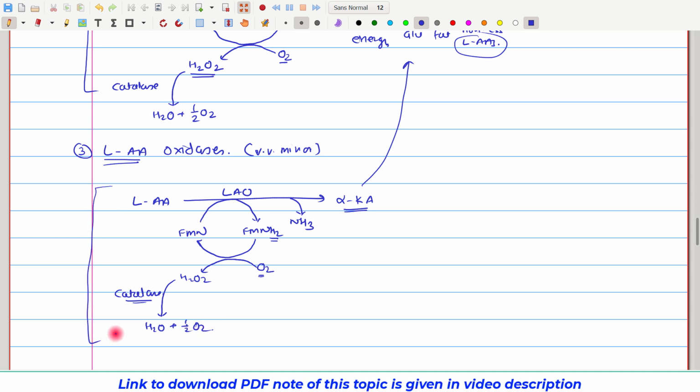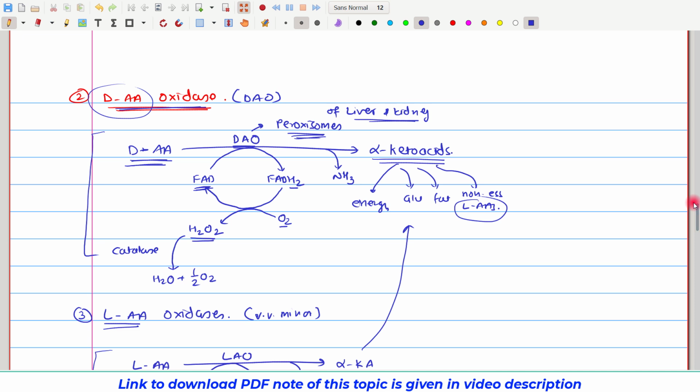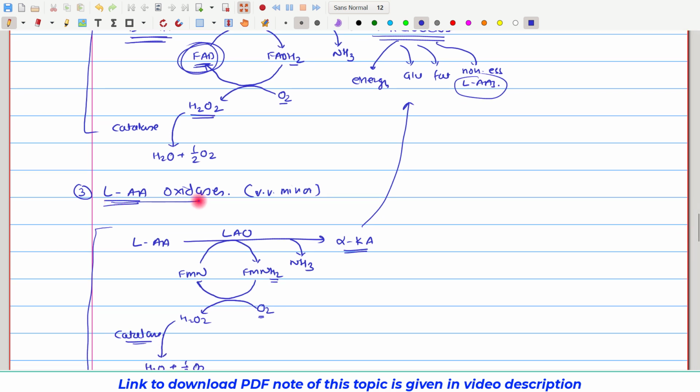So, this reaction is almost similar to D amino acid oxidase with the exception of this coenzyme. Remember, L amino acid oxidase plays a very minor role in amino acid metabolism, and the location is also the same, that this also occurs in the peroxisomes of liver and kidneys.